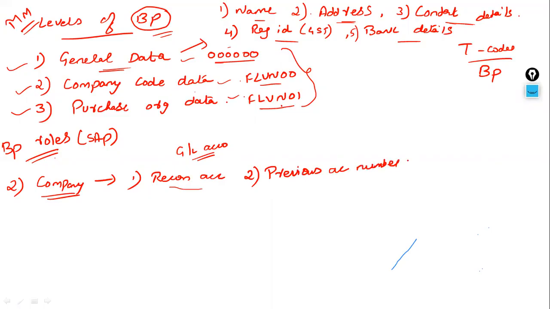Some businesses maintain previous account number, some do not. What is this previous account number? Previous account number is nothing but if they have any other bank details which are already registered with the company, that account number is maintained here. This is not considered important from a point of view.